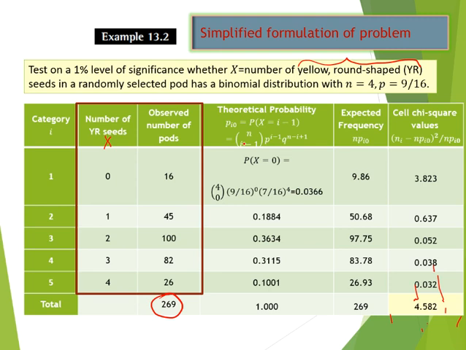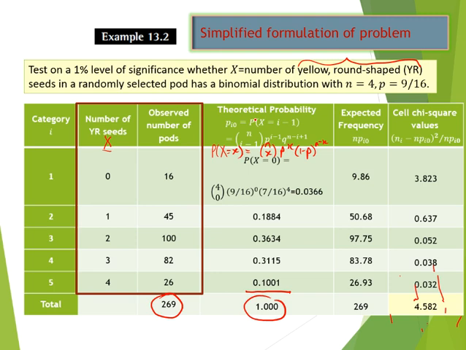I've given it there in terms of the category numbers, but you can also say it's the probability that X equals x, which is the normal n combination x, p to the x, (1 minus p) to the n minus x. So the probability that x is equal to 0 using the binomial formula is 0.0366. You do it for all the other categories, x equal to 1, 2, 3, and 4, and you get these probabilities, and you have to check: do they add up to 1?